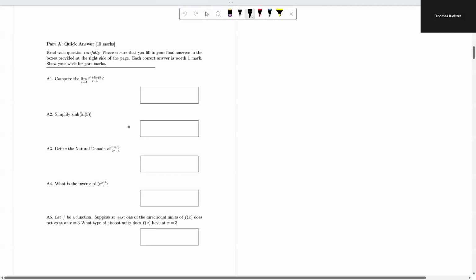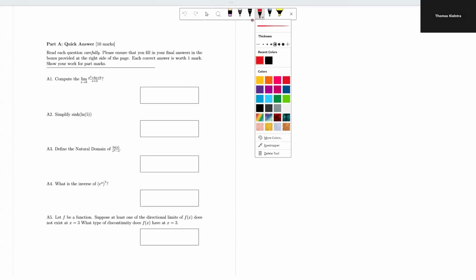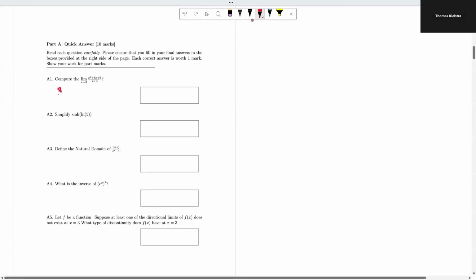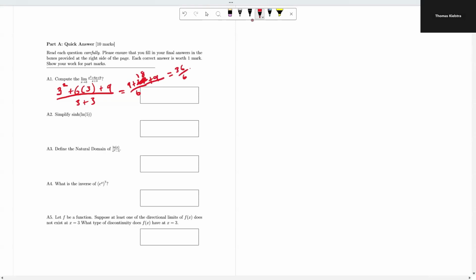Okay. So the first question, if we compute the limit as x approaches 3 of x cubed plus 6x plus 9 over x plus 3, if we just plug it in, we get 3 squared plus 6 times 3 plus 9 over 3 plus 3, which is equal to 9 plus 27 plus 9, plus 18 plus 9 all over 6, which equals 36 over 6, which equals 6.